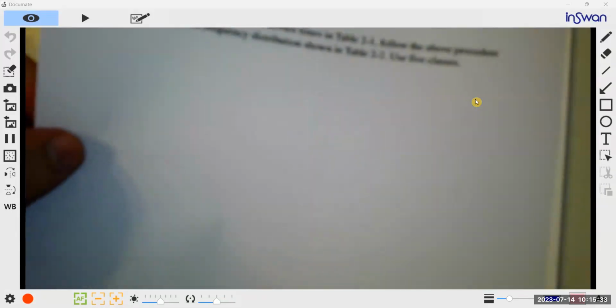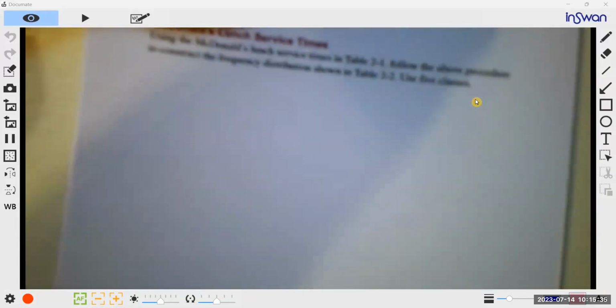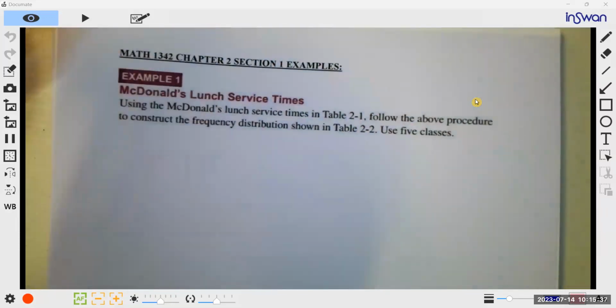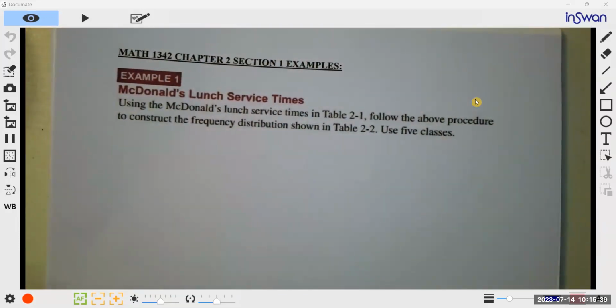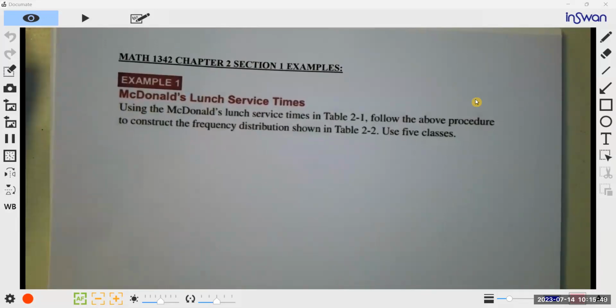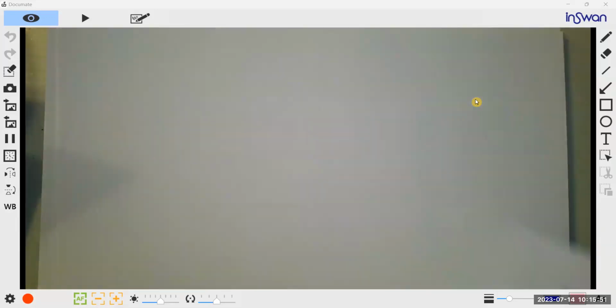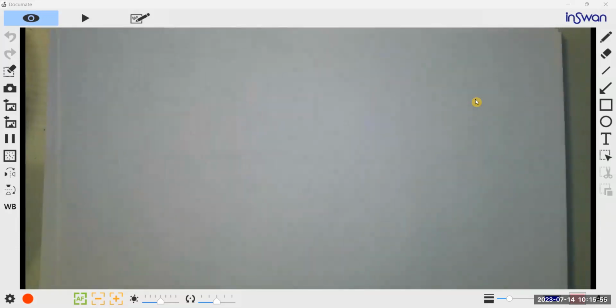Here's our first example, which is what we did already. Okay, let's look at this example.